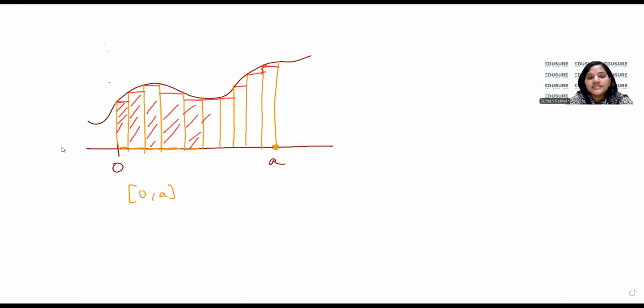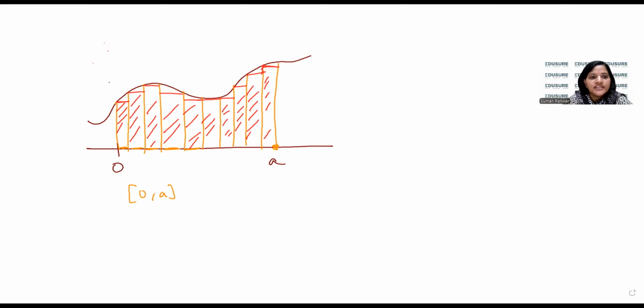Of course, this area is not the exact area under the curve, but it is approximately equal to it. Notice one thing, as the partition becomes finer, the area of these lower rectangles will become more and more close to the area under the curve.